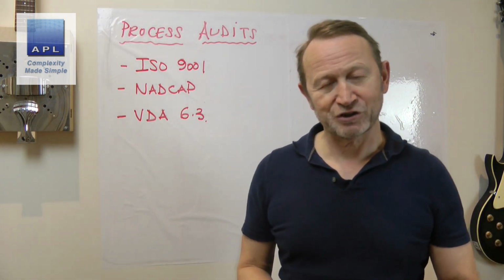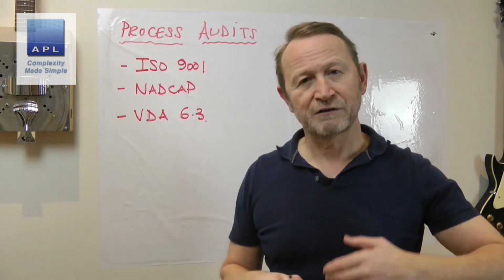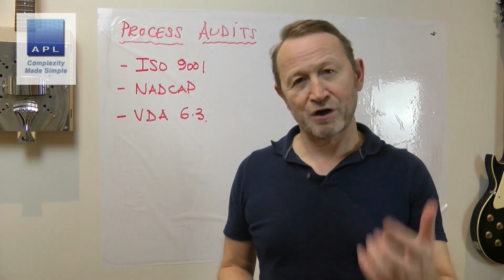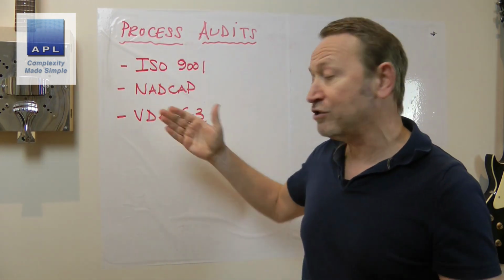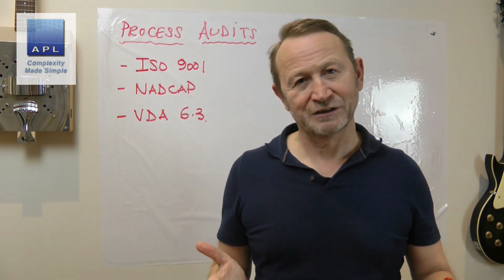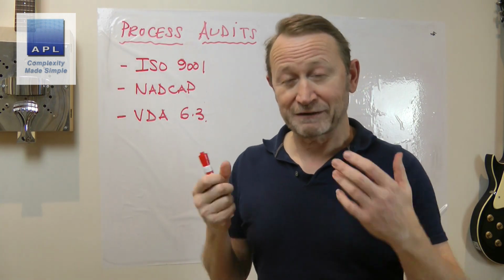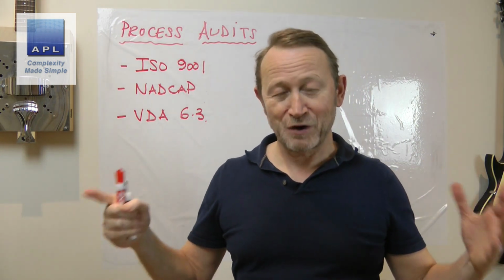I don't teach people to do audits to a particular quality standard, and one of the reasons is that these quality standards are simply not world class. There are gaps in what they do, and the gaps are massive in my opinion.